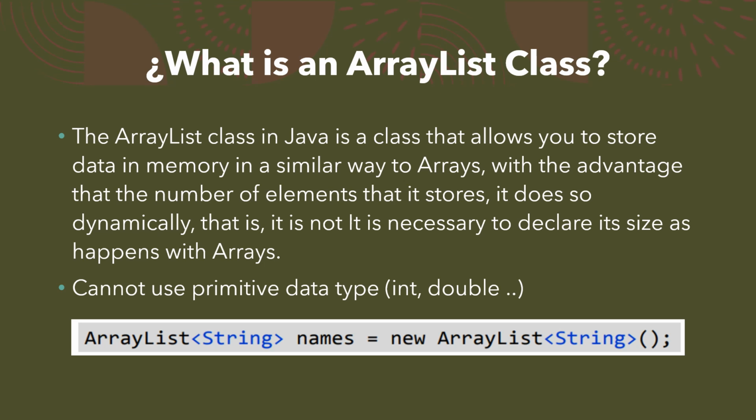That is, it is not necessary to declare its size in advance, and unlike an array, it cannot use primitive data types. In the picture there is an example of how it is declared, with the parameter type placed between the less-than and greater-than symbols.